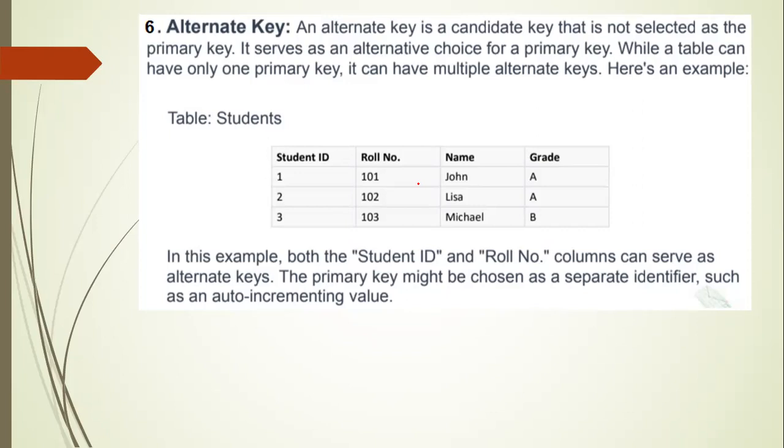You can also take a salary table. Salary table will have ID number and phone number, which are unique. If the user decides that ID number is the primary key, then phone number will be considered the alternate choice, that is the alternate key in that table.